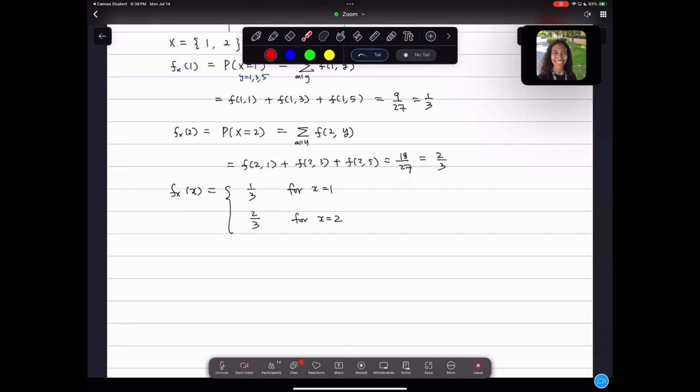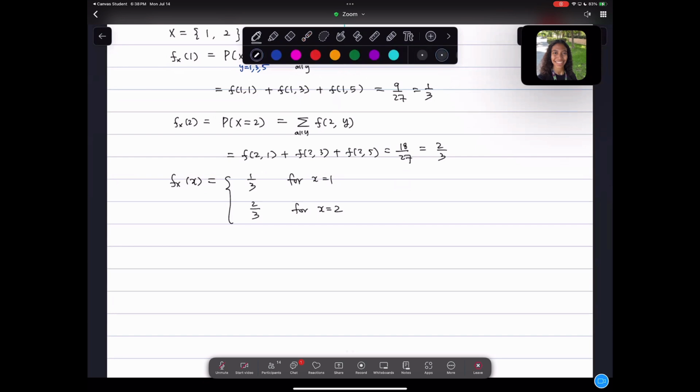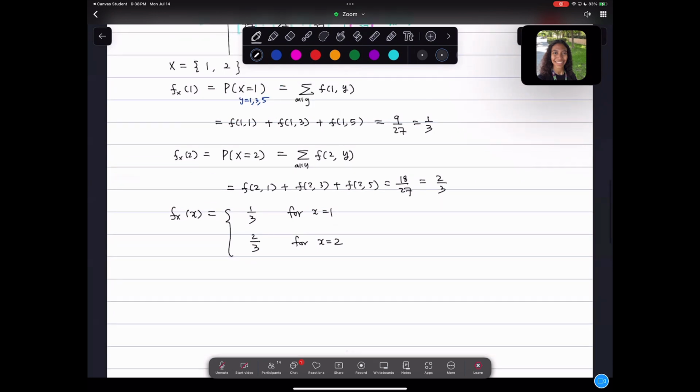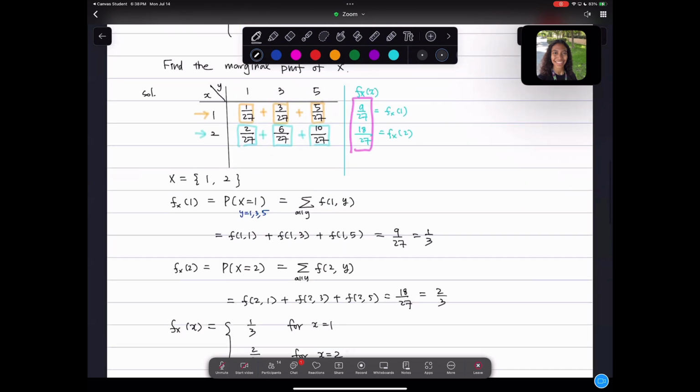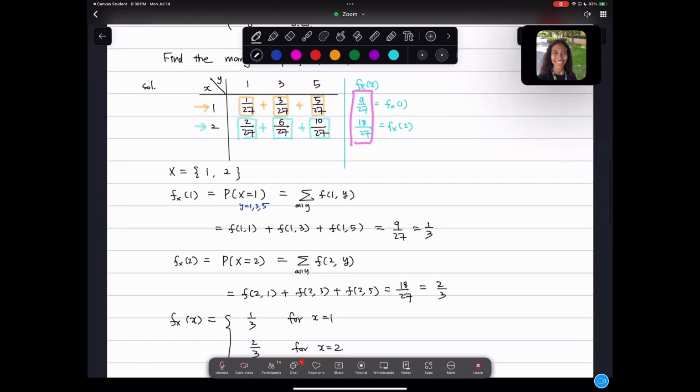So in that sense, I can do the same thing for the marginal PMF of y. I don't want to do it separately, but let's just do it over here. So if I go think about the PMF of y, f of y, y can be 1, y can be 3, or y can be 5.